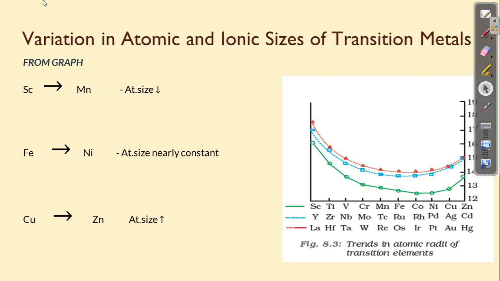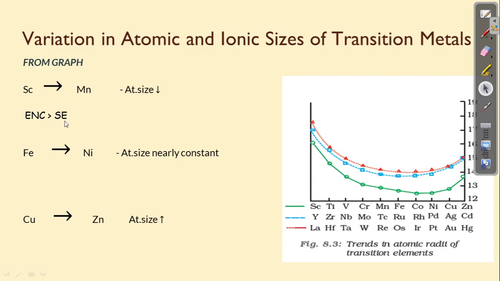So what is our aim here? Here we are going to see the variation of atomic sizes or atomic radii in the d block elements or transition elements. As we can see in the graph, from scandium to manganese, as a regular trend the atomic radii decreases, which says that the effective nuclear charge is greater than the shielding or screening effect.